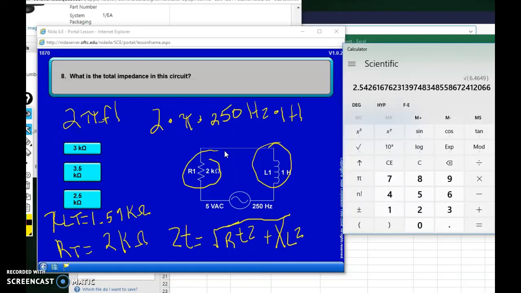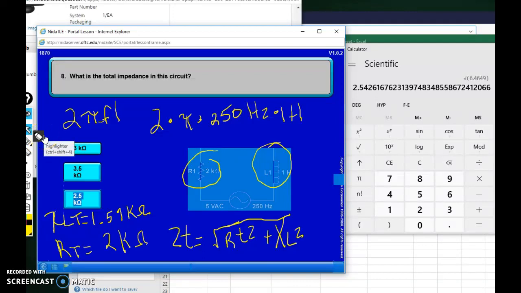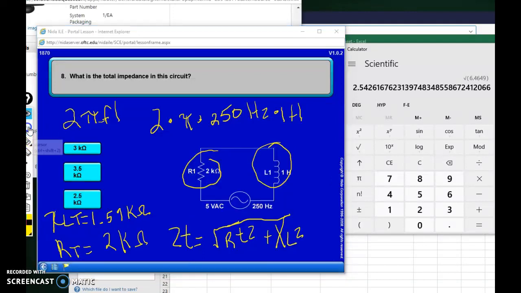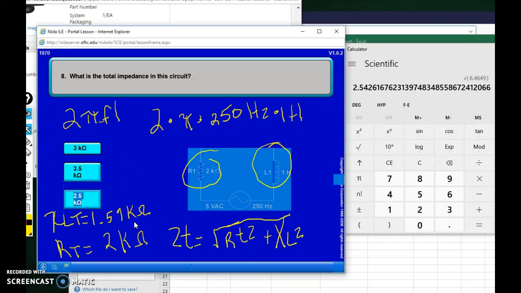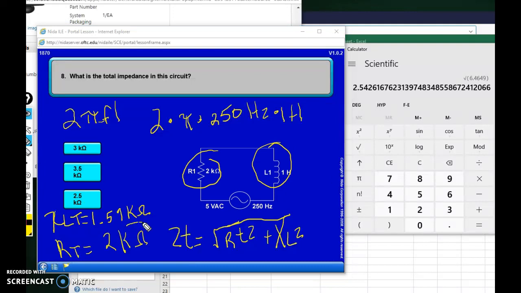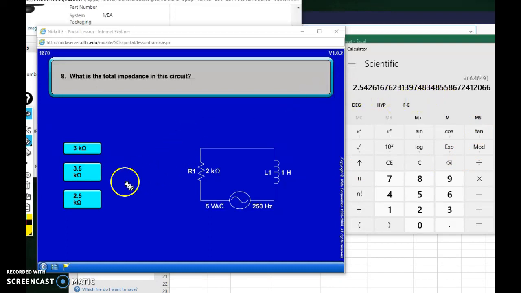Remember both of these units were K, so that means our answer is going to be in K. Here's the K for this one, here's the K for this one, which simply means this expression is also in K. We got 2.54. We're going to round to 2.5, and there's our answer.